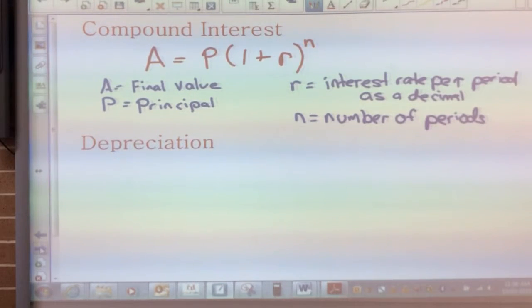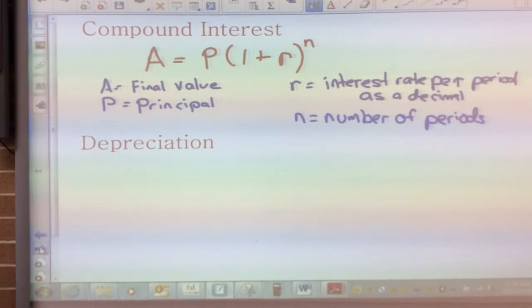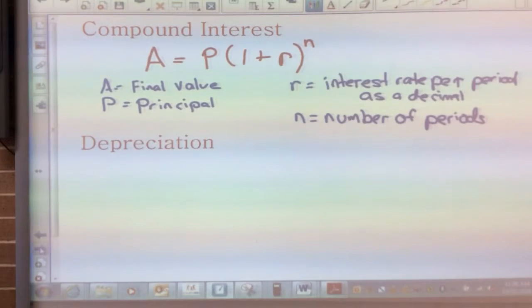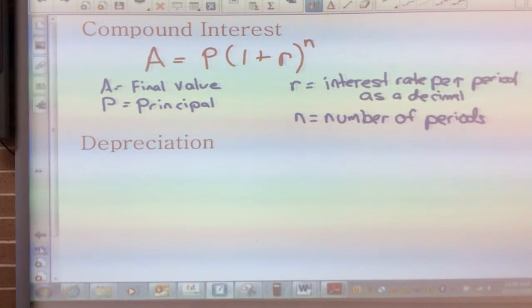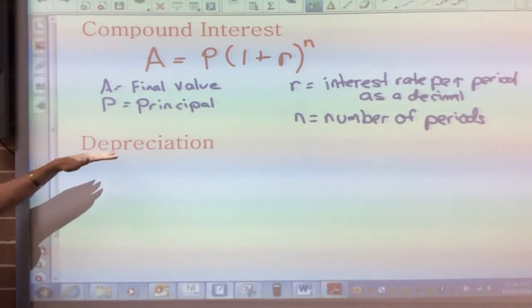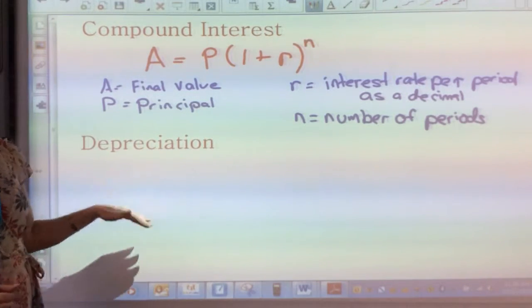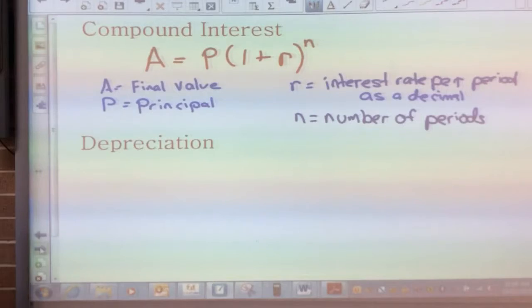If you're at a factory and you bought special equipment that cost $100,000, you can't claim that in one tax year as a tax deduction, but you can claim the depreciation on it. Depreciation means it loses value each year. So for example, a car, the year you buy it, is going to be worth more than the next year. Okay, and every year it's worth a little bit less. It keeps going down and down each year. So that's what depreciation is, where the values go down by a certain percentage.